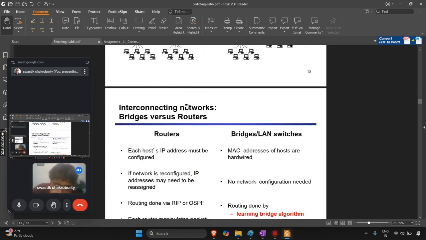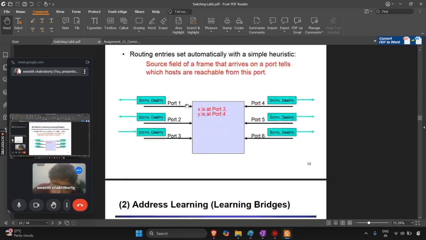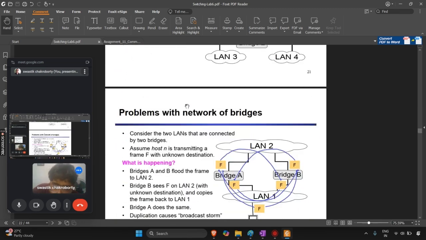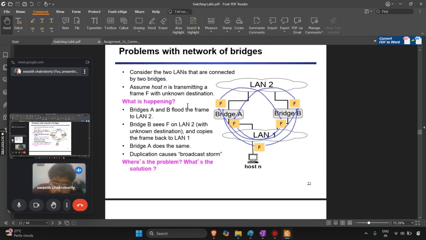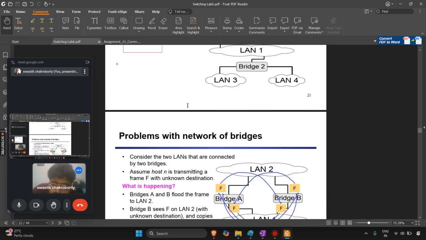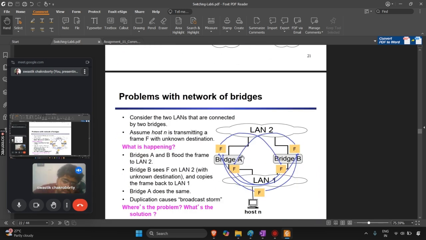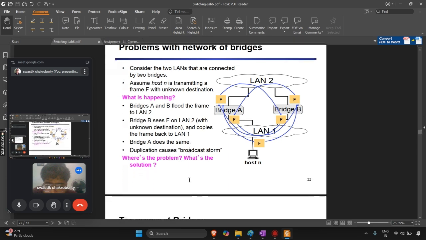Consider that we have a network. Consider two LANs connected by two bridges. Bridge A and B flood the frame to LAN 2. Bridge B sees F on LAN 2 and copies the frame locally. So let's take our example and understand how flooding happens.